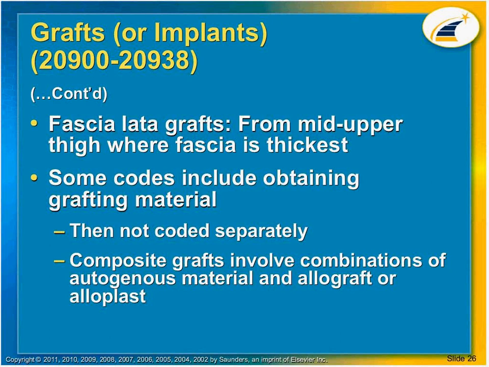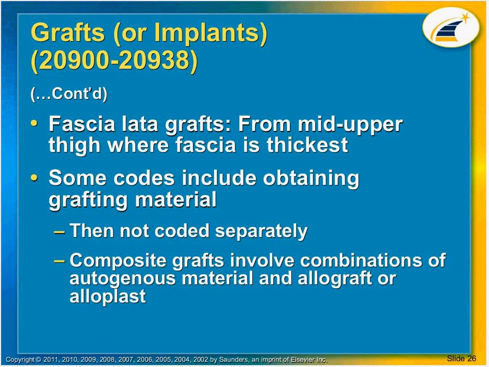What's a composite graft? It involves a combination of autogenous material and allograft or alloplast. Autogenous material, of course, comes from the actual donor itself. For instance, I can donate from one area of my body to another area; one thigh will give to the other thigh, one arm will give to the other arm, and so forth.